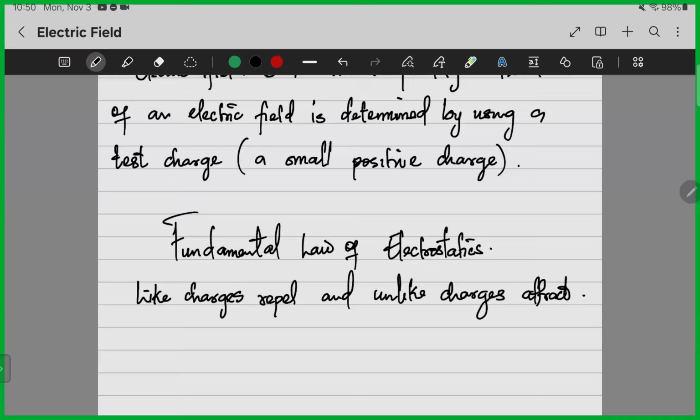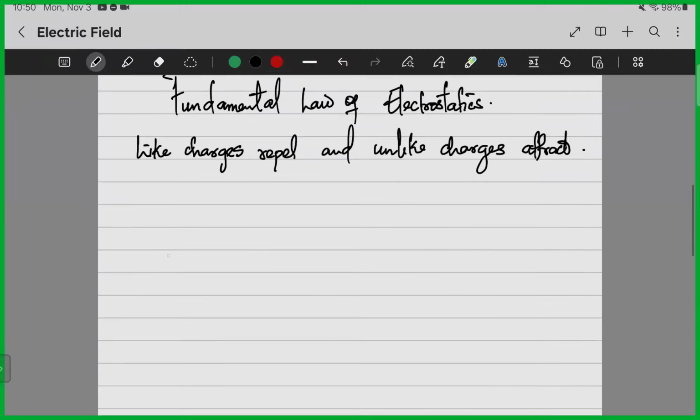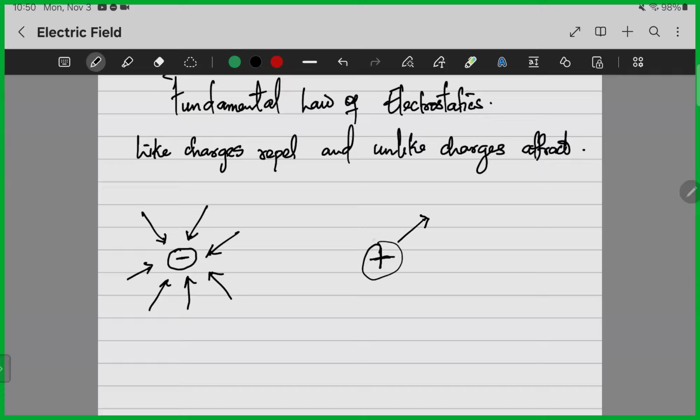And in this place, I will quickly draw the negative charge. The negative charge has this feature: the electric field lines point inwards. In the negative charge, the electric field lines point inward, and in the positive charge, the electric field lines point outward. So keep that in mind.